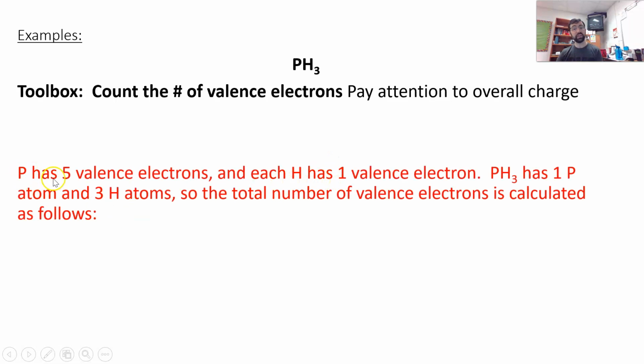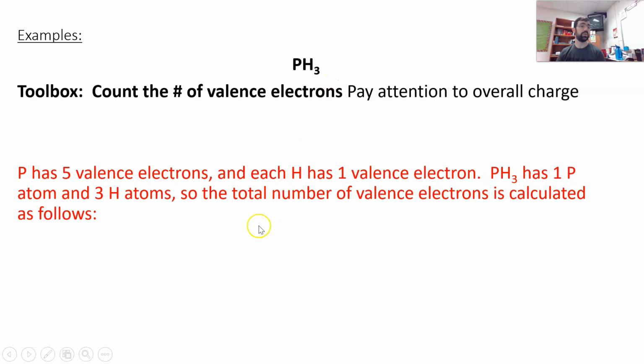Phosphorus is in group 15, so that means it has 5 valence electrons. And hydrogen is in group 1, so it has 1 valence electron for each atom. PH3 only has 1 phosphorus atom, and it has 3 hydrogen atoms. So we want to add those together.